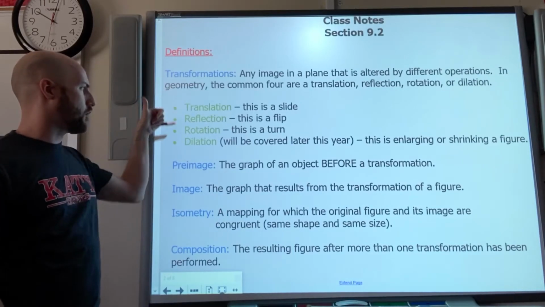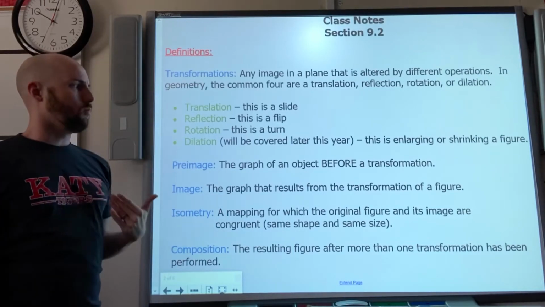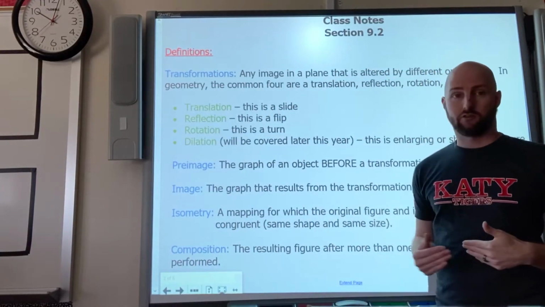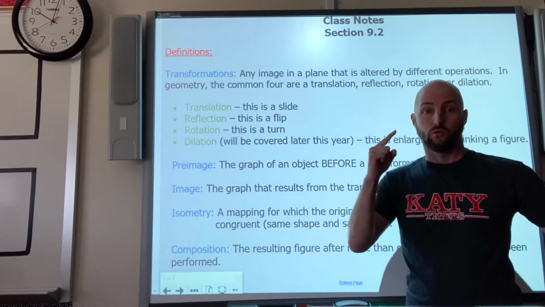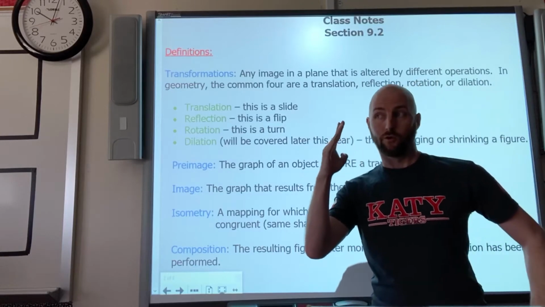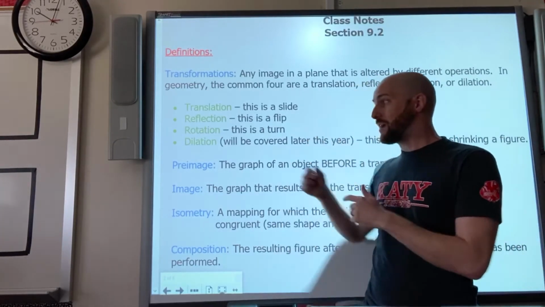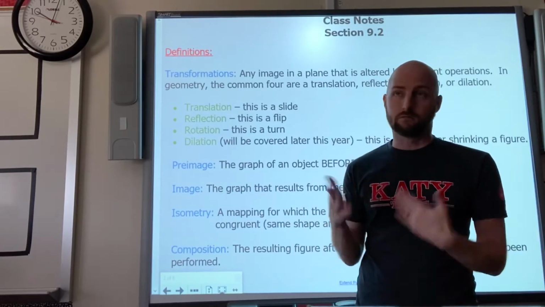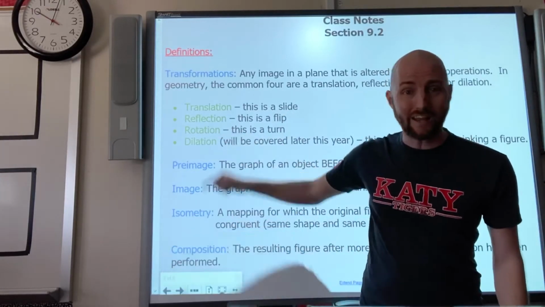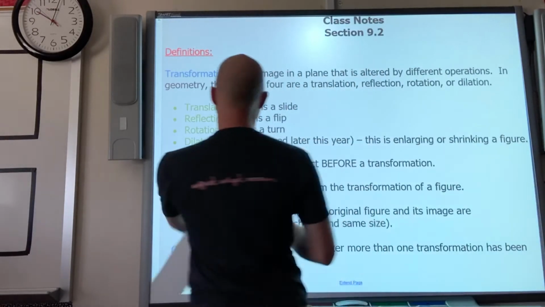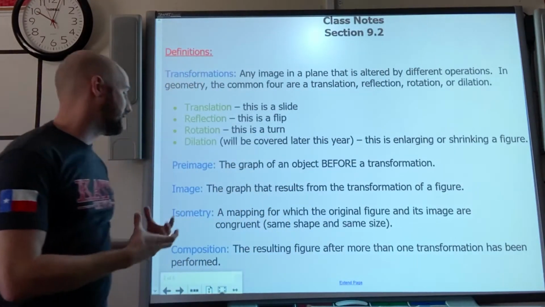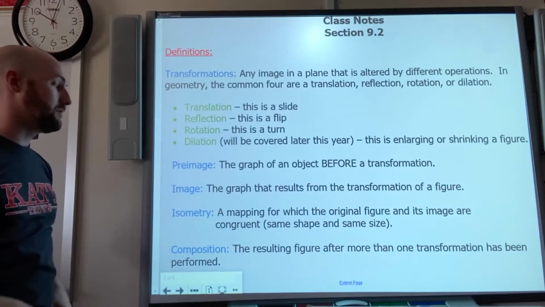Of the four that are here, which is the one that is not going to be an isometry? If you guessed dilation, you're right. If you just stood there and stared at the screen, also dilation, right? That one changes it. Anything else is just sliding around, flipping around, rotating it, and won't change the physical size and shape dimensions of that.